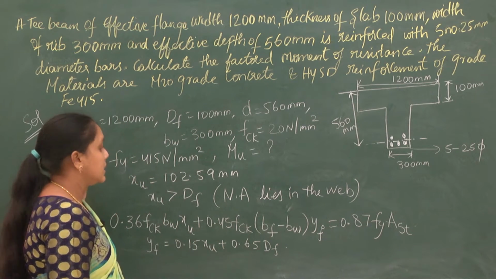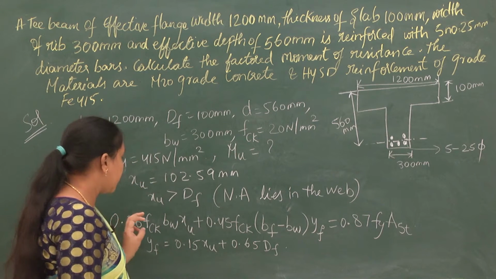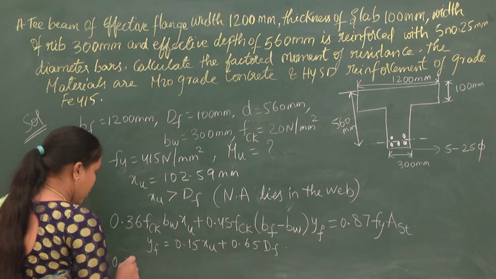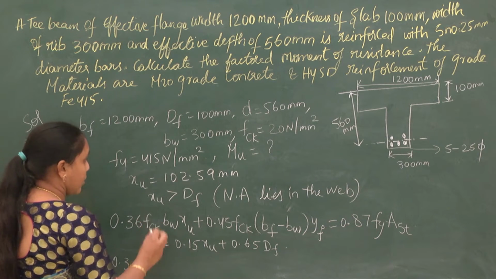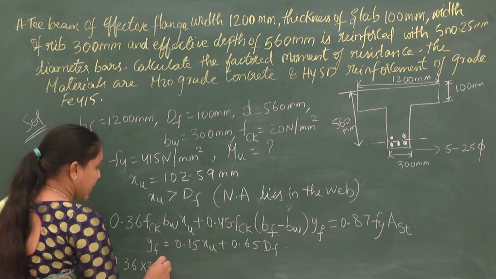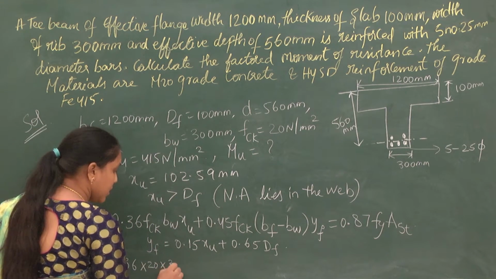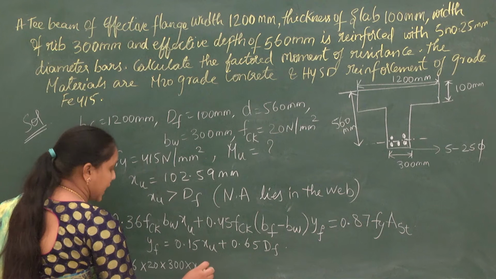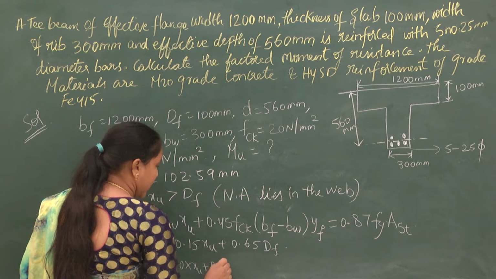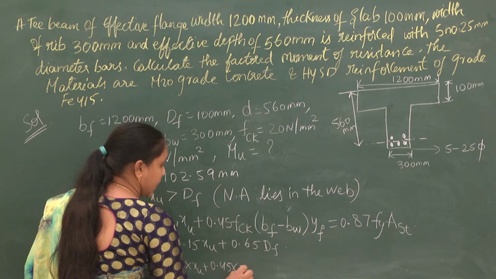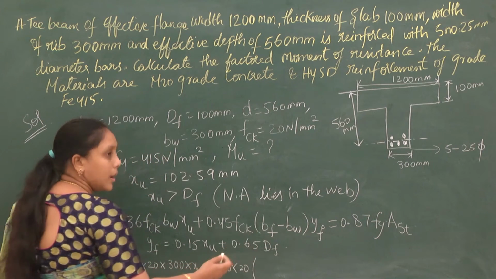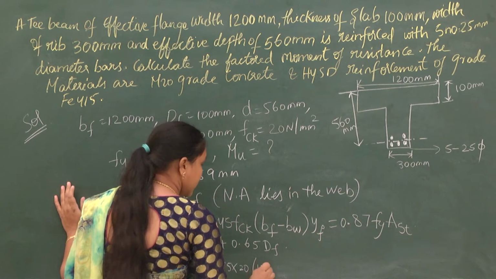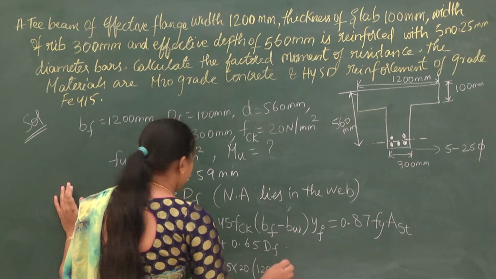Now let us substitute all the values in this equation. So if you substitute the values, that is 0.36 into FCK. What is FCK here? It is 20, into BW. BW is nothing but the width of the web, 300, into XU, which is what you have to calculate, plus 0.45 into FCK, FCK here is 20, into (BF minus BW). What is BF? BF is nothing but the effective width of the flange. It is how much here? It is 1200, minus BW. How much is BW?